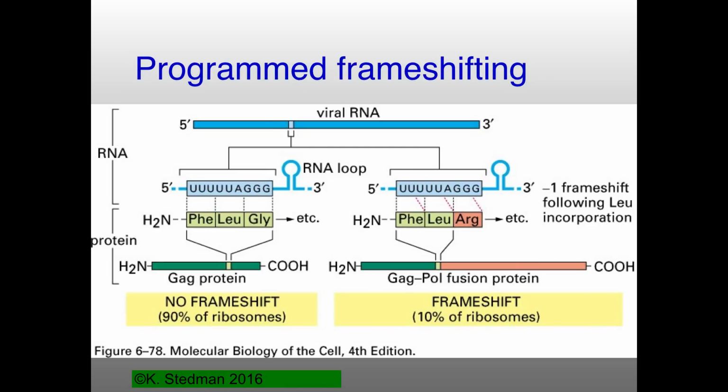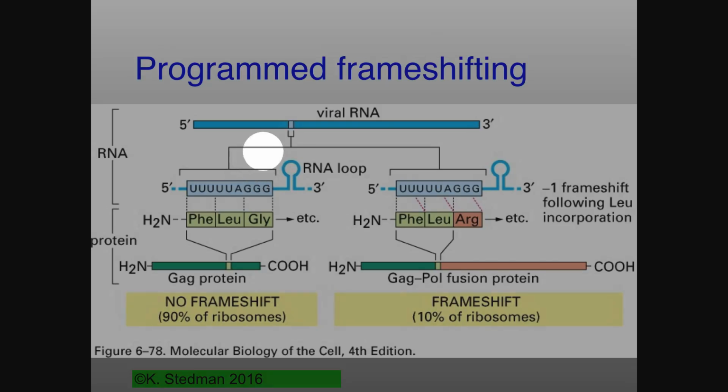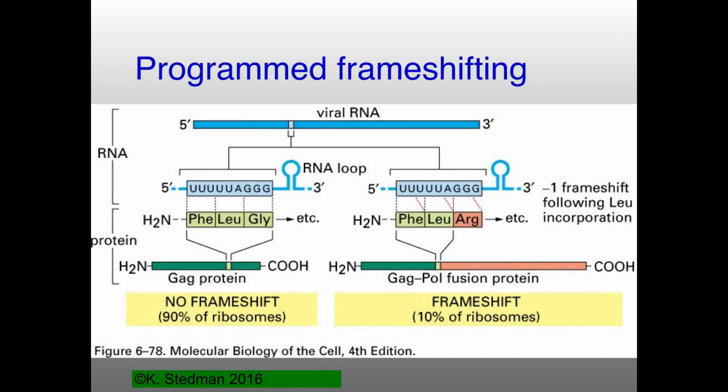And the secondary structure in the RNA causes the ribosome, when it translocates, to not translocate properly. And so it's almost always in a stretch of nucleotides which are identical. Not always uracils, but identical nucleotides. And the ribosome, probably what happens is it runs into this loop structure and then backs up one nucleotide and then tries to run through it again.